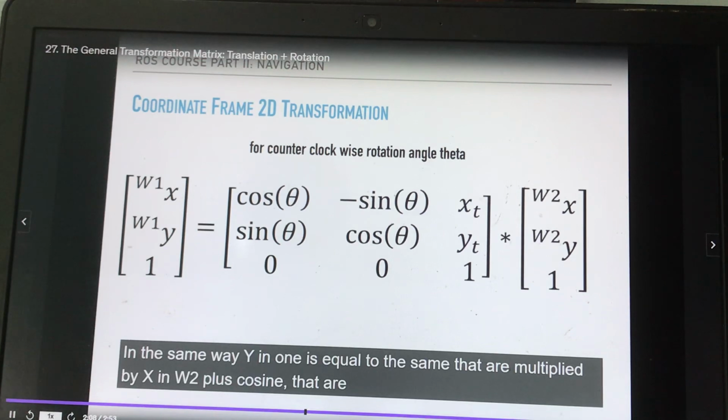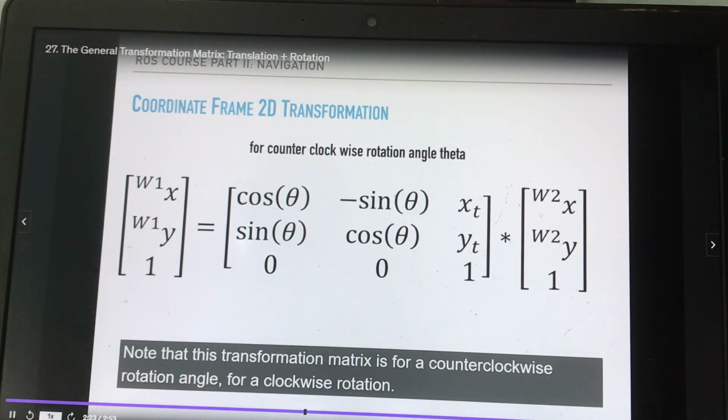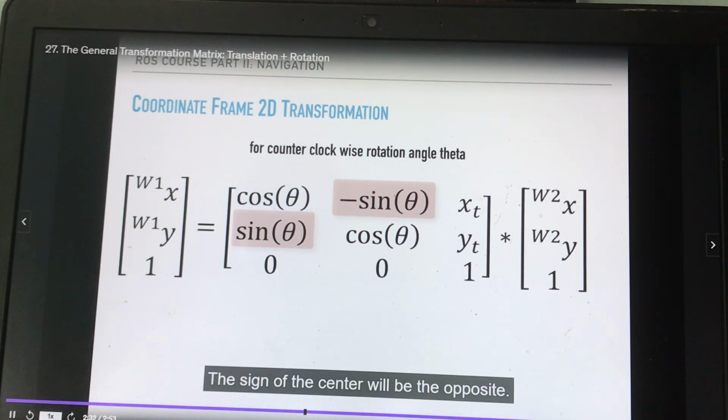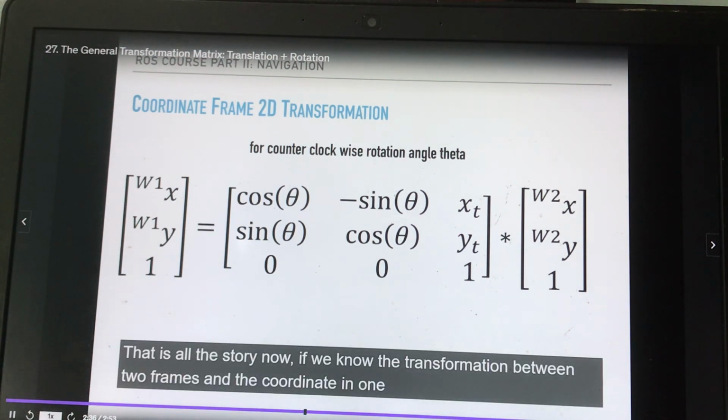In the same way, y in W1 is equal to sin theta multiplied by x in W2 plus cos theta multiplied by y in W2 plus the additional yt that represents the translation in the y-axis. Note that this transformation matrix is for a counterclockwise rotation angle. For a clockwise rotation, the sign of the sin theta will be the opposite. That is all the story.